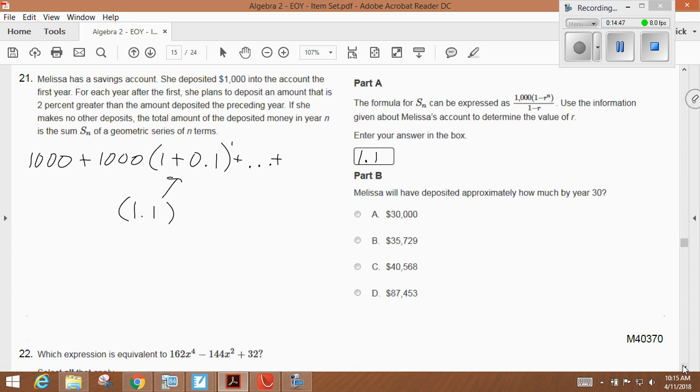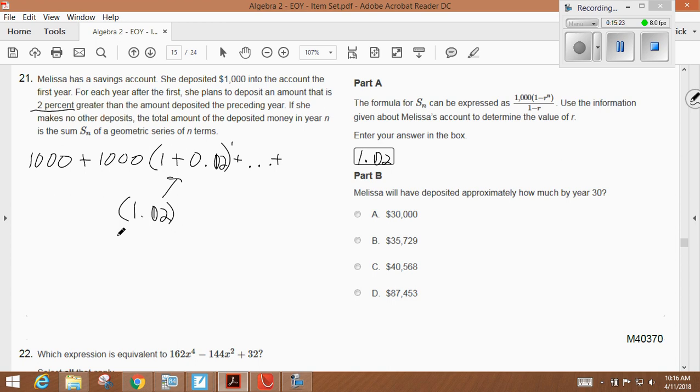I'm sorry, I reverted to the next problem, which has 10%. The next problem that's like this, an interest problem, is going to have an interest of 10%, and I just combined these two. Sorry about that. It says 2% greater. So R is 1.02.